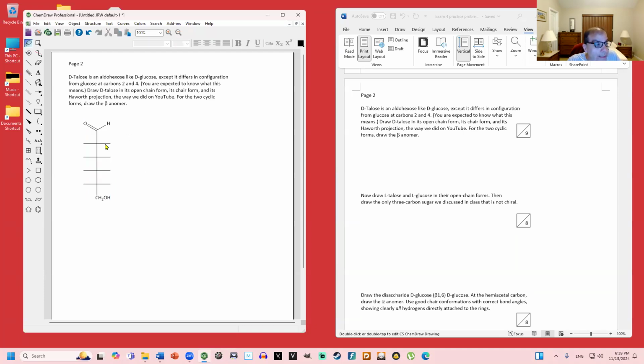And so now all we need to do is put all the OH groups in the right place. We can understand what talose is by comparison to glucose. It differs from glucose at carbons 2 and 4. So let's not forget what glucose is. The OH groups go right, left, right, right, and H is in the other positions.